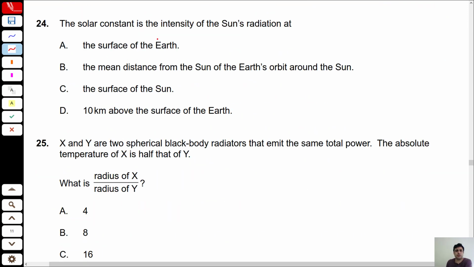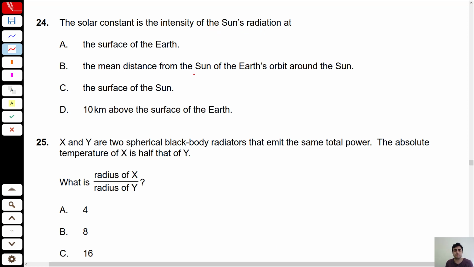The solar constant is the intensity of the sun radiation at the surface of the Earth? No, because if you see, if this is the sun radiating solar energy, and this is the Earth, the entire surface of the Earth doesn't receive the solar intensity from the sun.